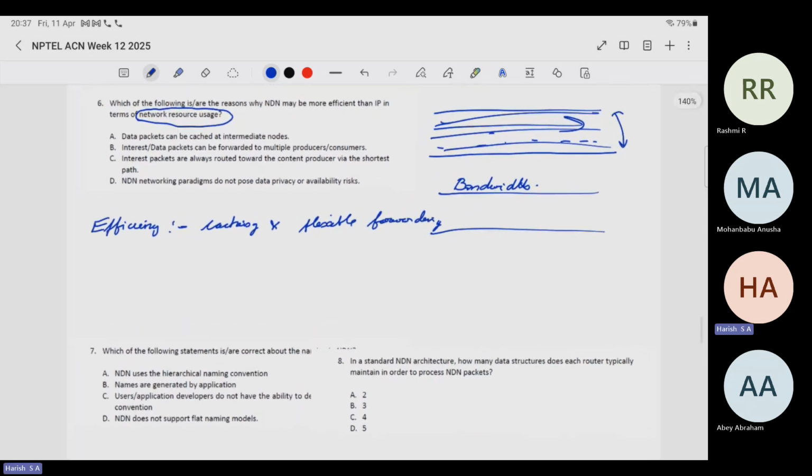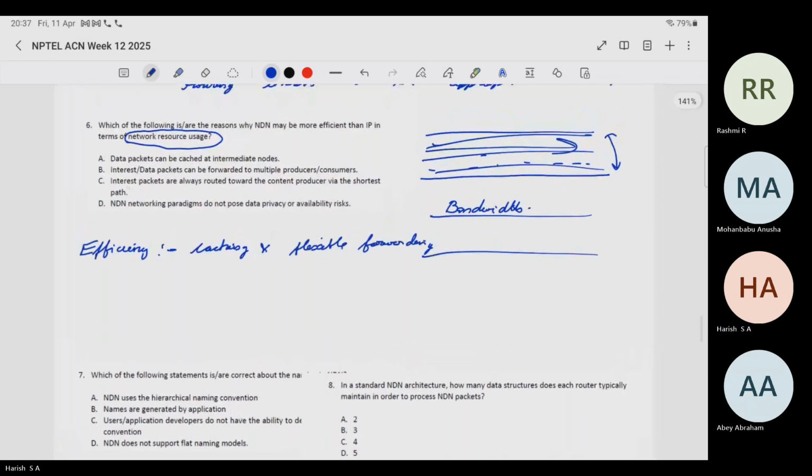So let's look at the options now. Data packets can be cached at intermediate nodes. Yes, true. This is a part of NDN. But why does it increase network resource usage? Because you free up more space for other packets to go. Instead of going all the way till the end, you get the particular data from an intermediate node.